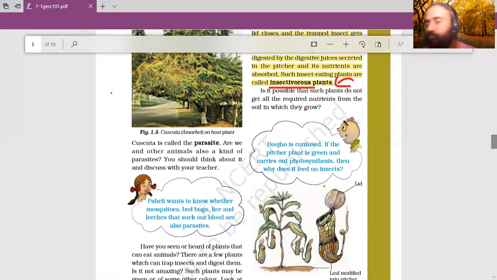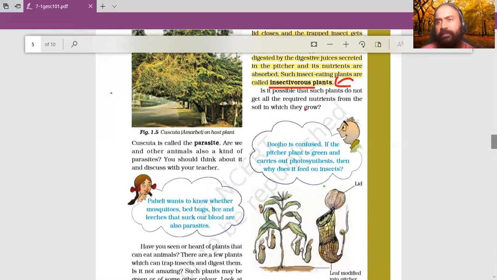Question number 1. Second question. What is the requirement of nitrogen for plants? Third question.